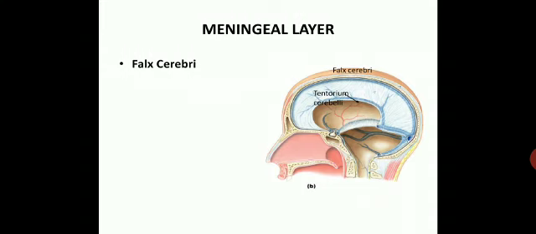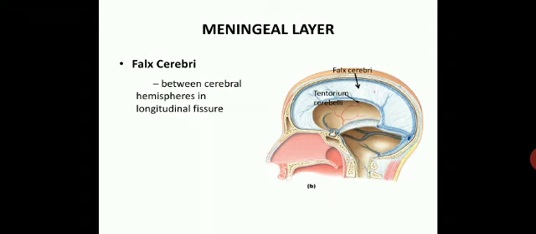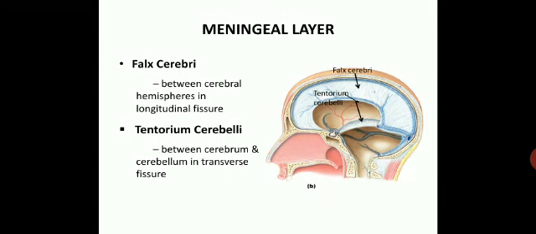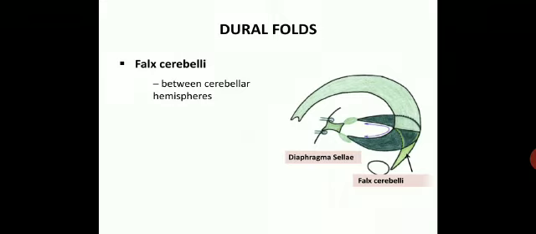The meningeal layer forms the different folds. Those are the falx cerebri, that lies between the cerebral hemispheres in the longitudinal fissure; the tentorium cerebelli, which lies between the cerebrum and cerebellum in the transverse fissure; falx cerebelli, which lies between the cerebellar hemispheres; and the diaphragma sellae, that is lining the sella turcica or the pituitary fossa.